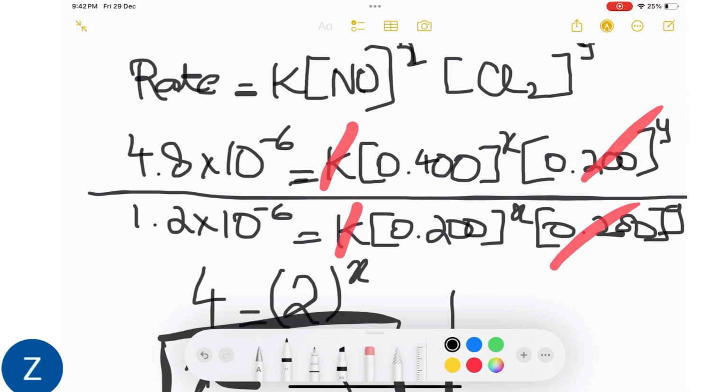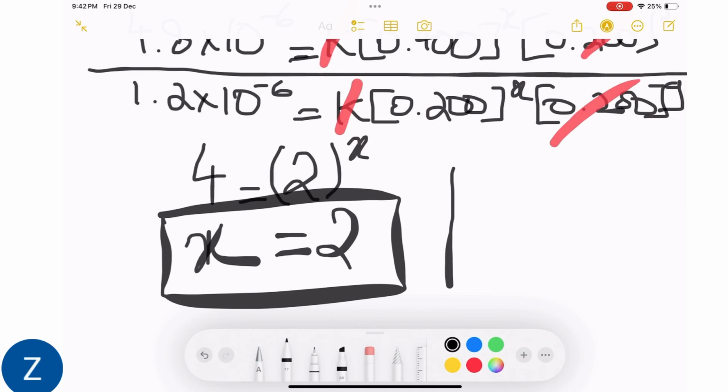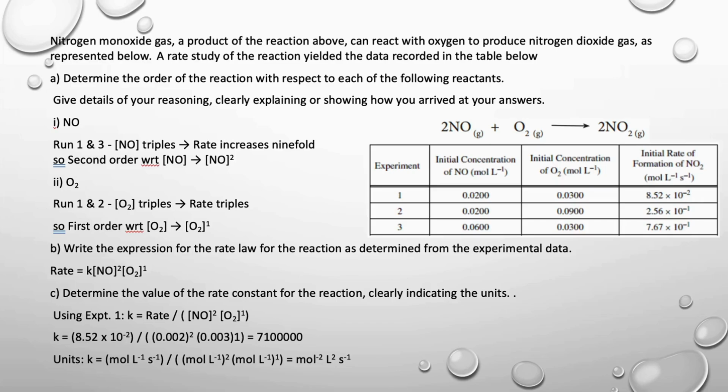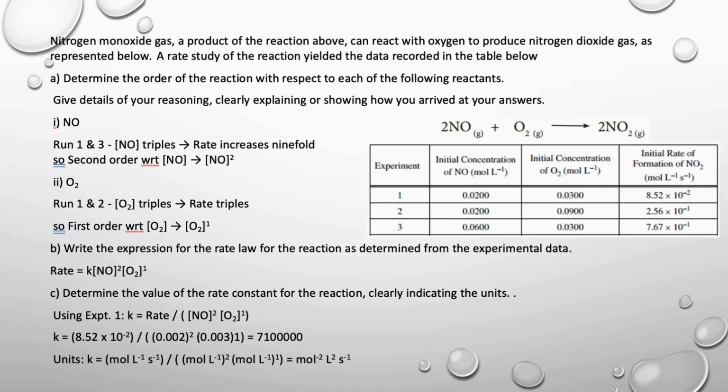That's an exponent I'm trying to figure out. And for chlorine, I am going to write a y or an n, whatever. And then I'm going to put in the problem that is written as a question on the previous slide. So please try to do it like this first, and then you can check the answers.